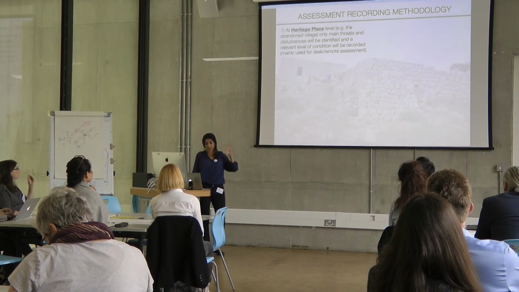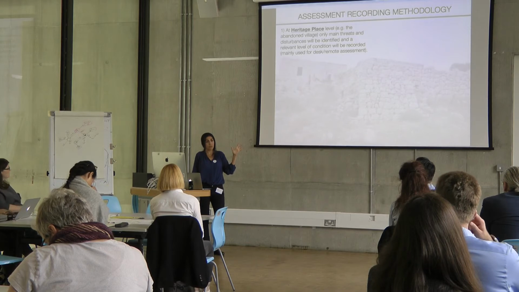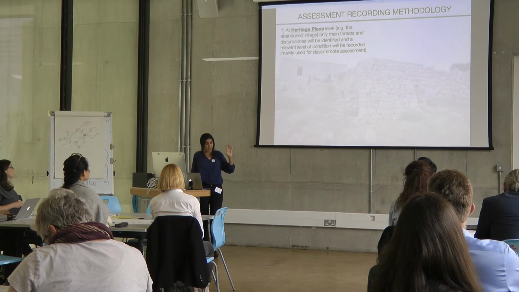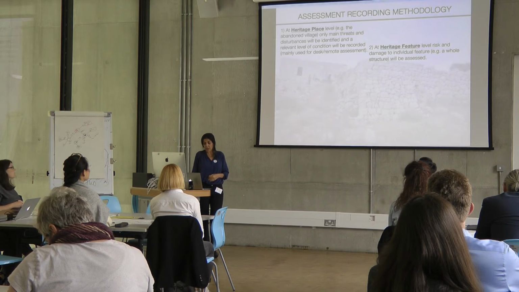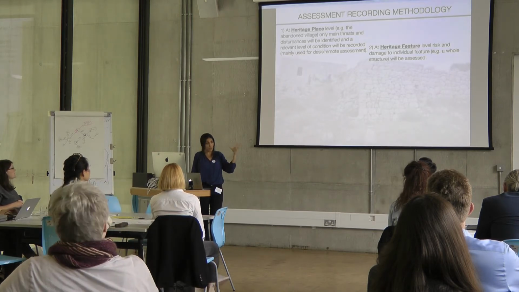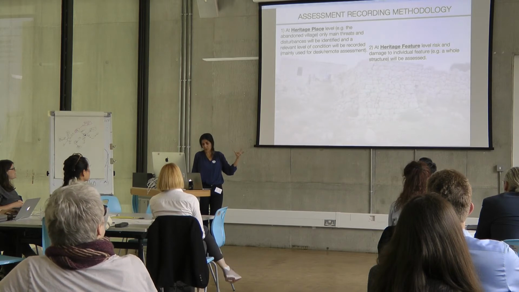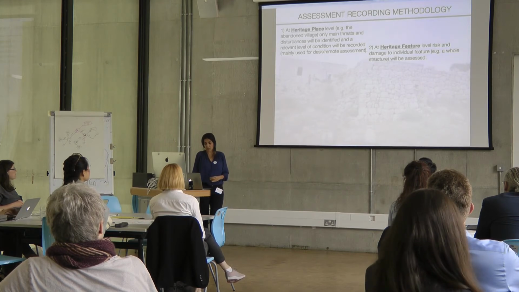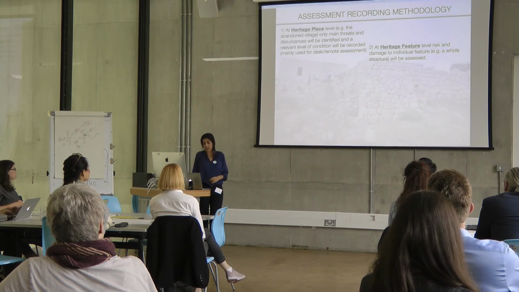The first level, the heritage place level, is where a user can do a quick, rapid assessment, mainly using satellite imagery to identify what you think are disturbances and threats. At the heritage feature level, one level down, when you're talking about one structure or site element, you can do a more detailed risk assessment.